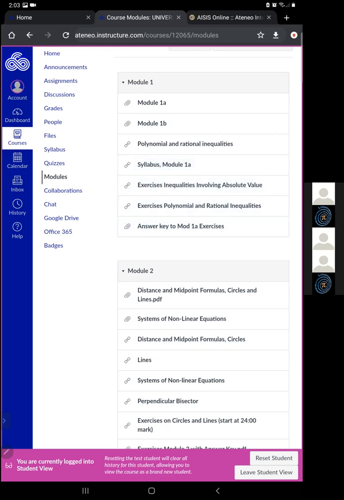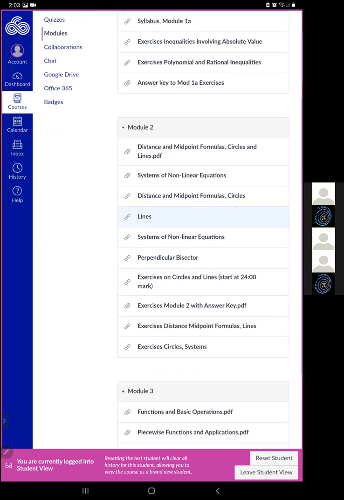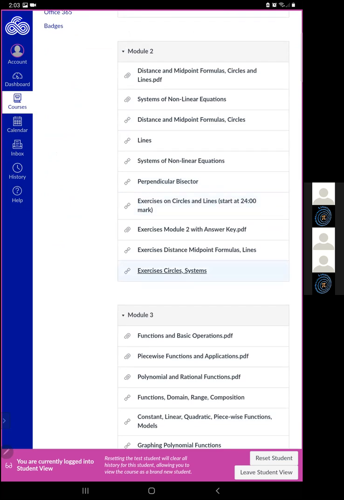And for module 2, notice that exercises with answer key have been uploaded. Okay, perpendicular bisector, this one's a link. It explains how to find the perpendicular bisector of a line segment.